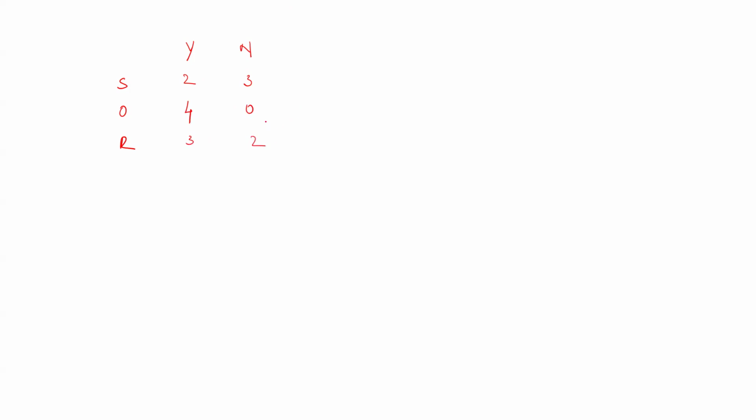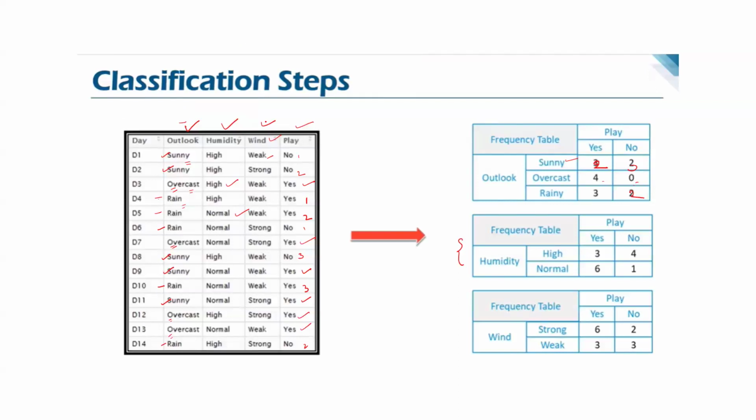Now we have to find out the likelihood of the probabilities. Now see, in this data set, check for how many yes we have. 1, 2, 3, 4, 5, 6, 7, 8, 9.